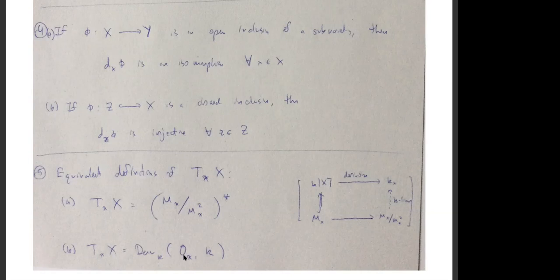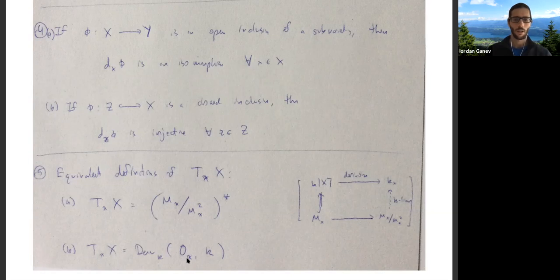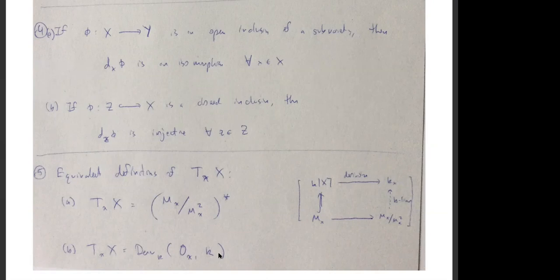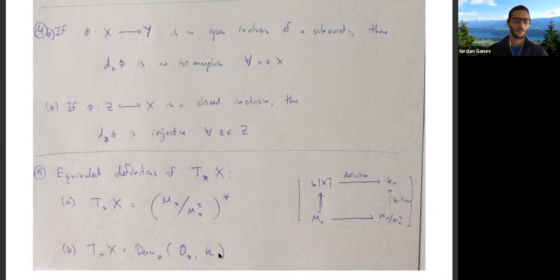It's this O sub little x that's the stalk, and then this k is the fiber, so mod the maximal ideal. Was that the question? You're just looking for a word. I thought that was the word. Oh yeah, I think in Springer a different word was used, but stalk works just as well.